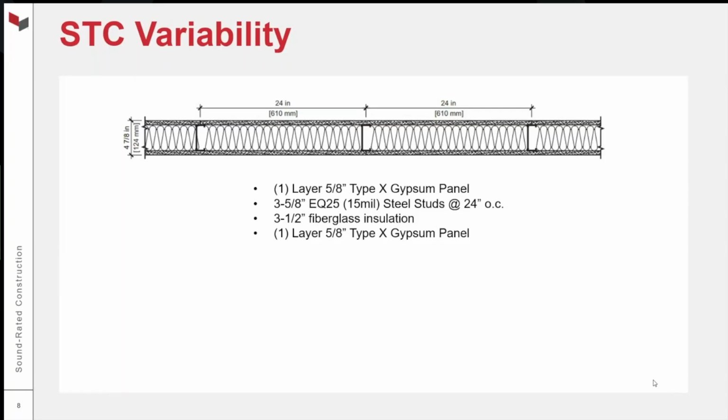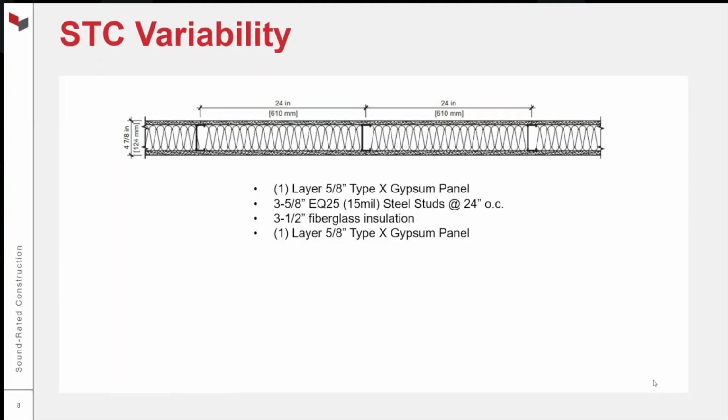All of the accredited labs in North America for the STC ASTM E90 test participated. We all tested the same walls using the same products and same configurations. The products were even from the same manufacturing runs to limit variability. These walls were constructed at all these different labs, and everybody submitted their results.